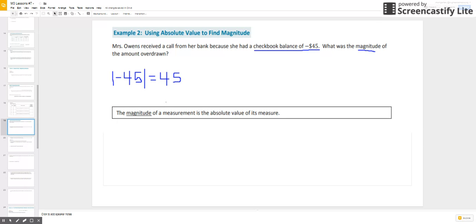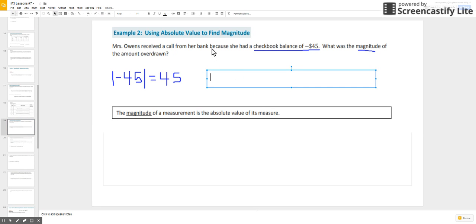So let's identify that. What was the magnitude of her withdrawal? It was 45. Now we have to state that. Mrs. Owens overdrew her checking account. Excuse me, I keep saying withdraw. I apologize.